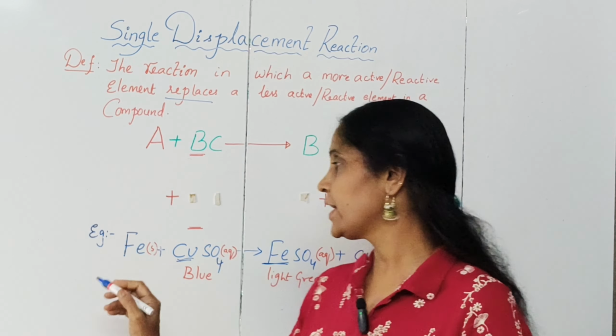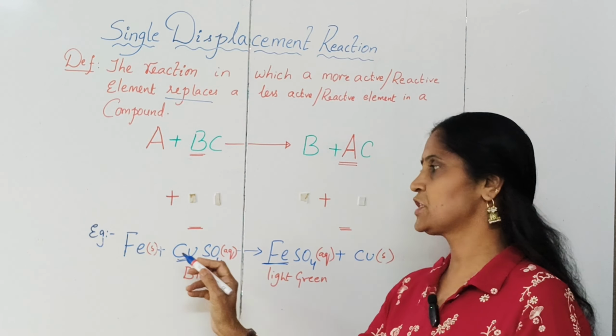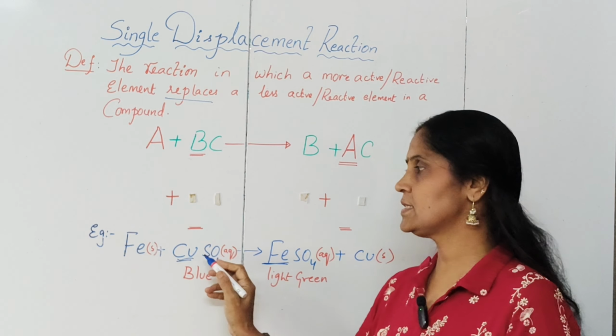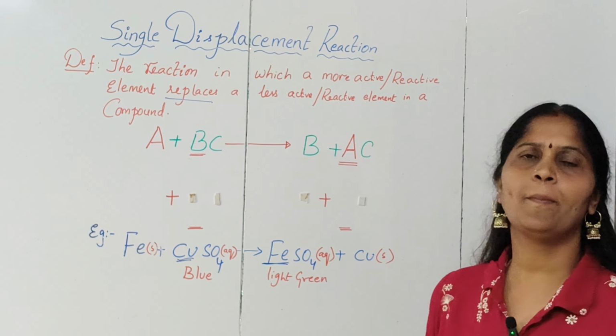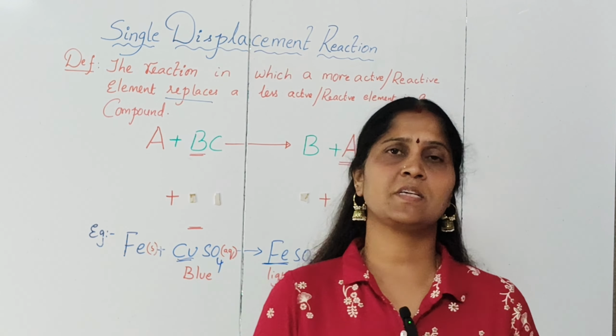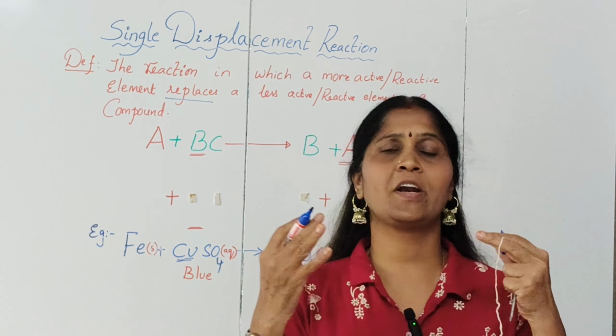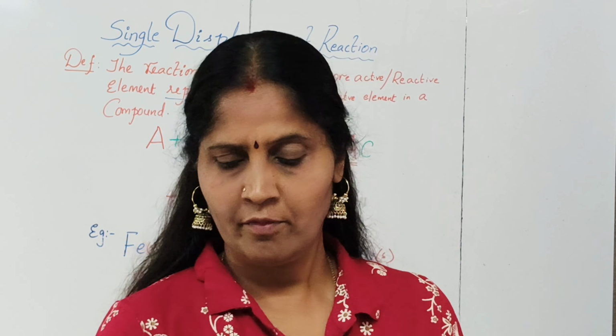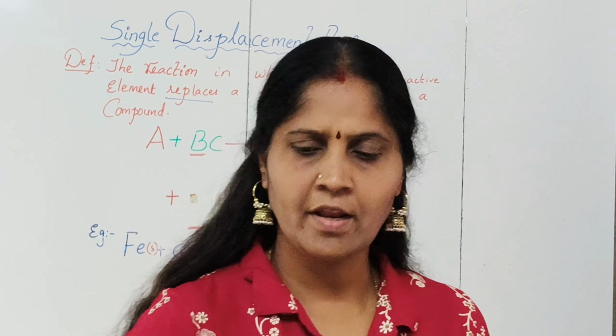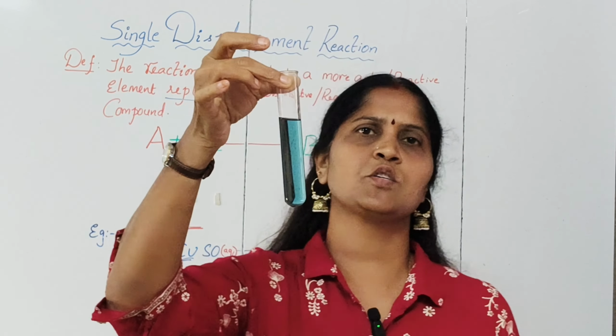In order to demonstrate this particular displacement reaction wherein iron reacts with copper sulfate, you have the formation of iron sulfate and copper. You have a small activity which is given in your book. So let us demonstrate the activity and see what is going to happen. For this, what we need is an aqueous solution of copper sulfate. So imagine this is the aqueous solution of copper sulfate.